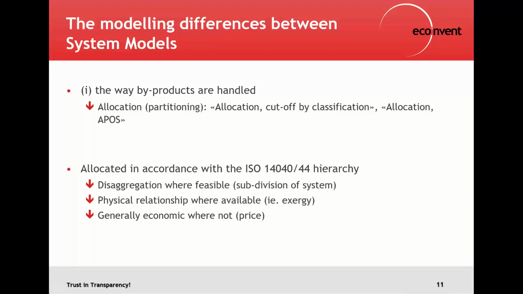So by avoiding the creation of the multifunctionality and dividing the system. When this is not possible, we will use physical relationships when they are meaningful, like in the case of using exergy to allocate between heat and electricity in cogeneration, for example. Otherwise, and more generally, we use economic allocation in the database, so the price.